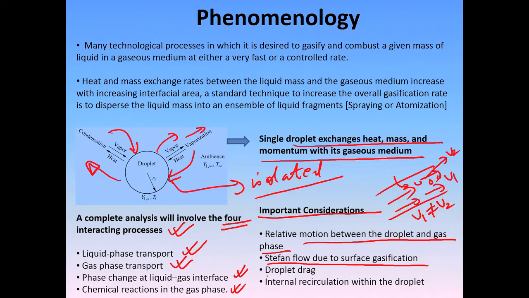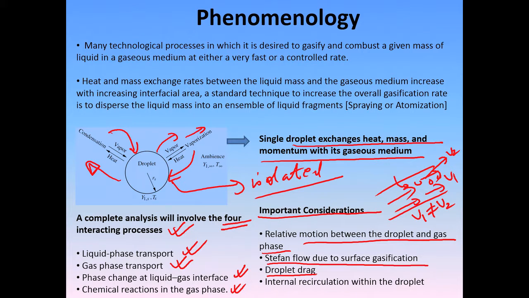Now, there is also droplet drag. If there is relative motion between the droplet and the gas phase, there has to be drag. For example, if you put a cylinder in a flow field, you develop a drag on the cylinder. That is very common. That drag comes because of the relative motion, pressure drag, and there is viscous drag also. The same drags will be applicable over here also, not in that exact form, but they will be applicable.